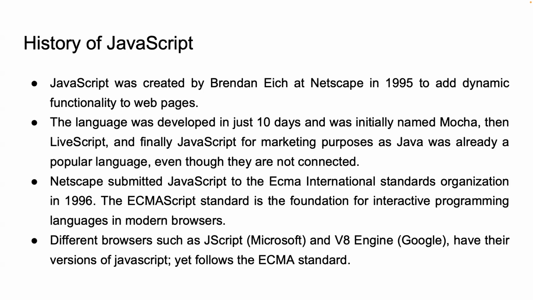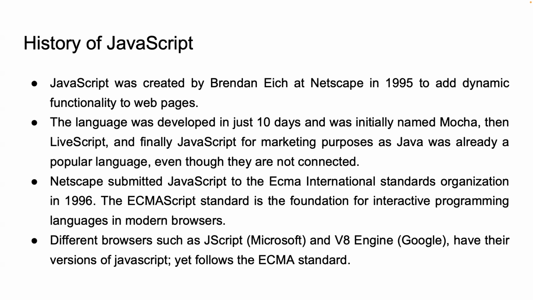So let's quickly look over the history of JavaScript. JavaScript was created by Brendan Eich at Netscape in 1995 to add dynamic functionality to web pages. Before 1995, web pages were mostly static, with nothing happening on them. After JavaScript was invented, websites became more interactive.